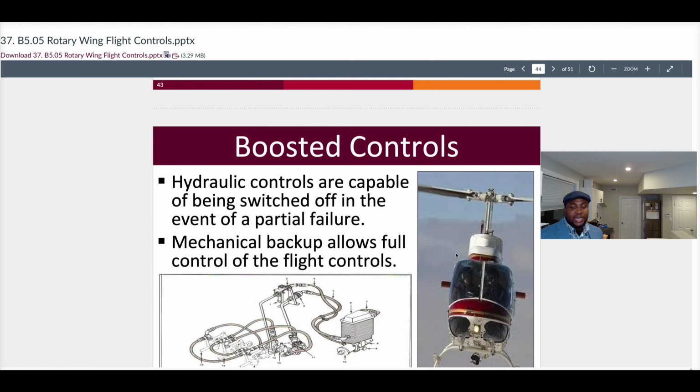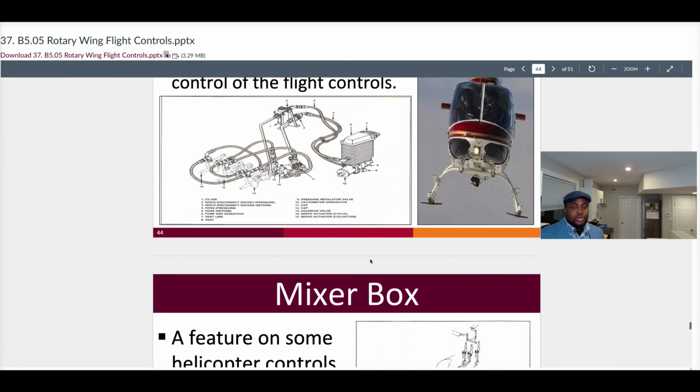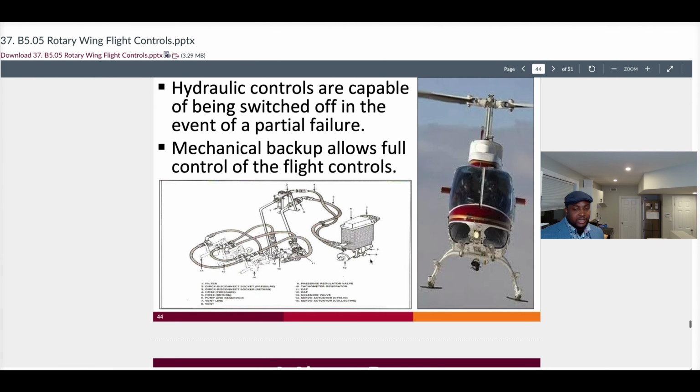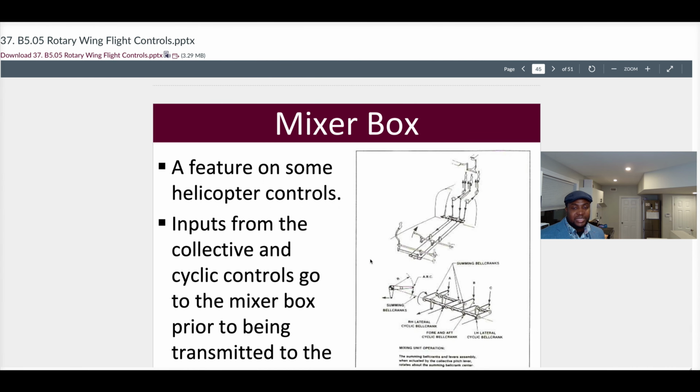So when we do have a failure in the system, or partial failure, we're able to switch it off, and this will now leave us only with mechanical backup. So the mechanical backup still exists. Just because we've lost a portion of our hydraulics does not mean that we've lost control of the helicopter. However, there's some consequences and some prices to be paid here in that we no longer have that dampened feedback vibration.